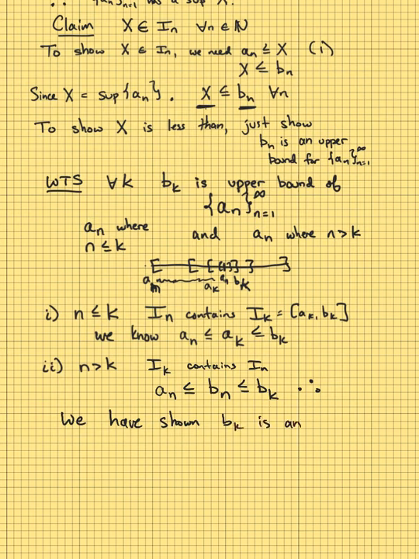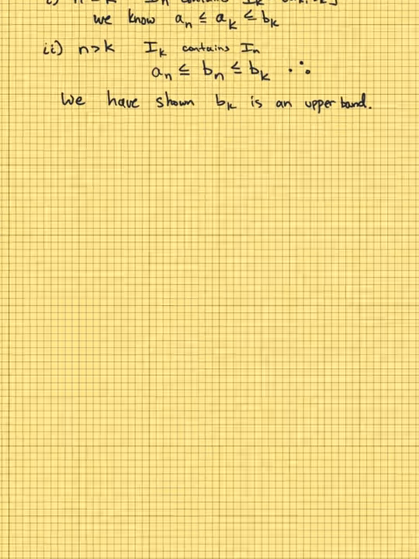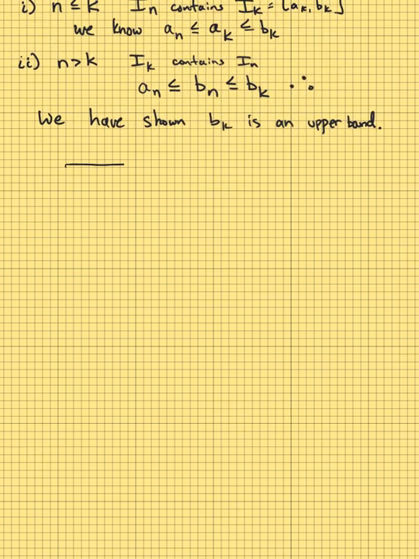And this works for all k. Okay? And therefore, what you can imagine is if I fix an endpoint here, I'll just redraw the picture. Again, we have the b sub i's, or b sub k's, as a decreasing sequence.